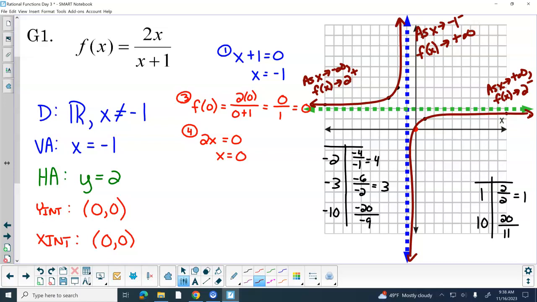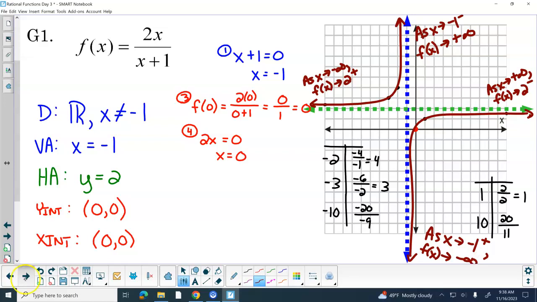Down here, as x is approaching -1 from the right, my function is going to negative infinity. So you can see that better when you have the graph. Questions, comments, concerns, clarifications on any and all of that?